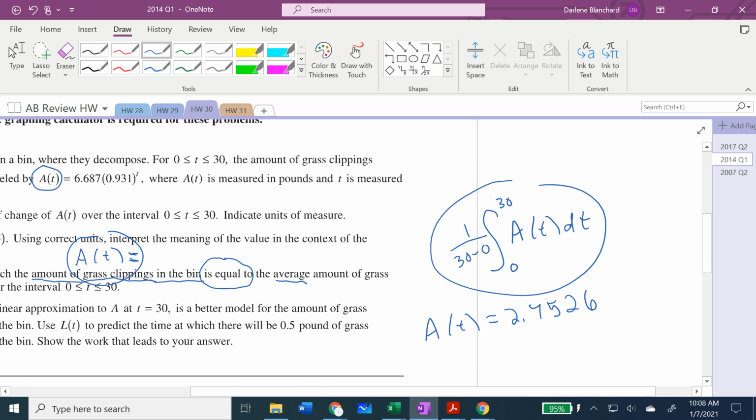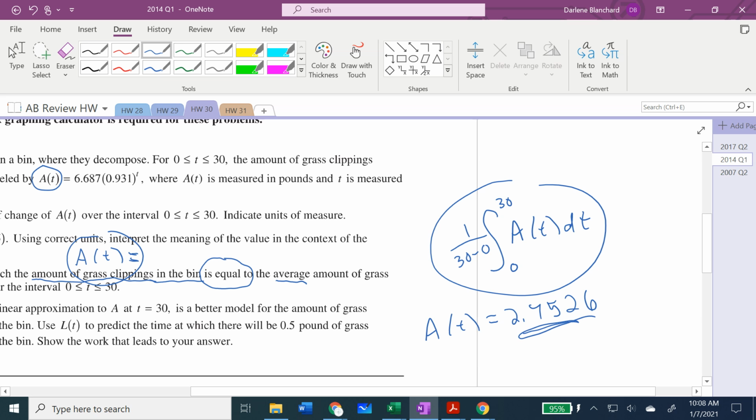And one way you can solve equations is to solve it through the graph. If you go to your y equals button and you already have A in your y1, you just need to put this number into your y2.